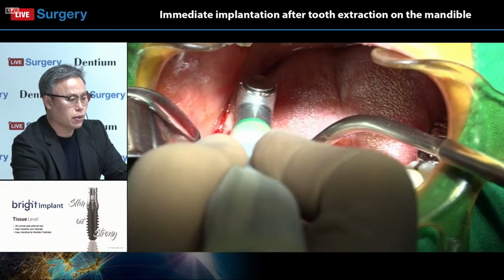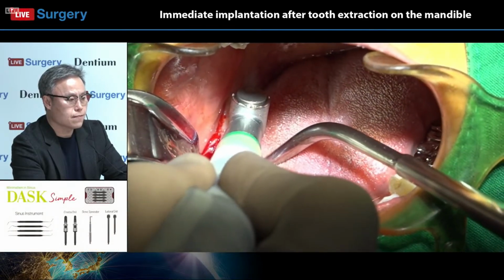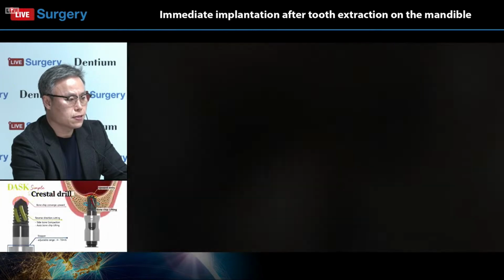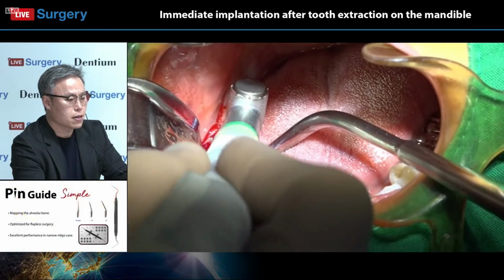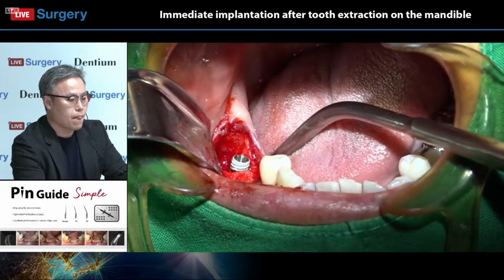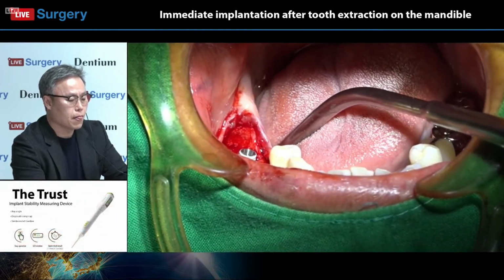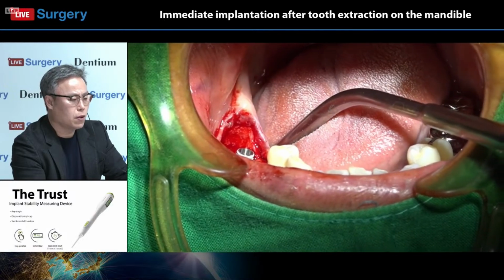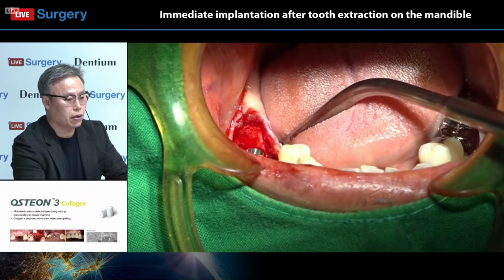Yeah, and also placing the implant for 47. Immediate implant placement always leaves a gap defect.